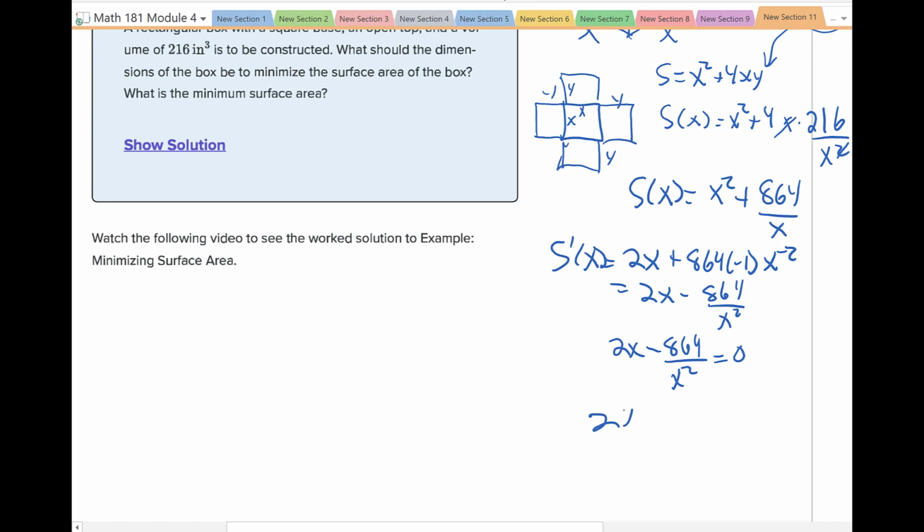So 2x equals 864 over x squared. So that 2x cubed, we multiply both sides by x squared, equals 864. X cubed equals 432. So x equals the cube root of 432.